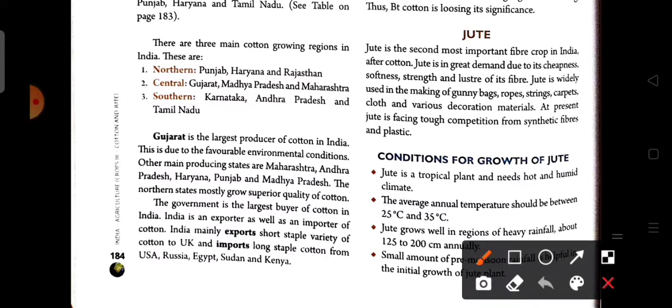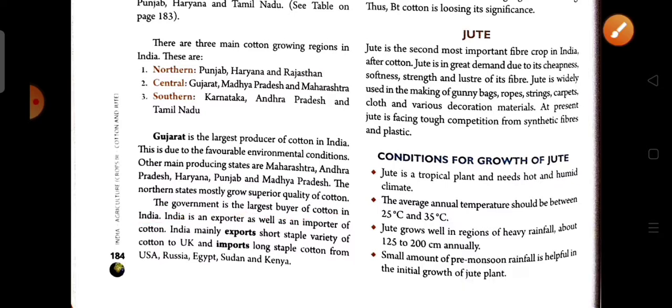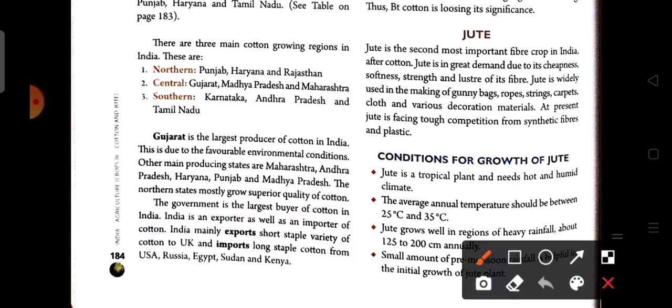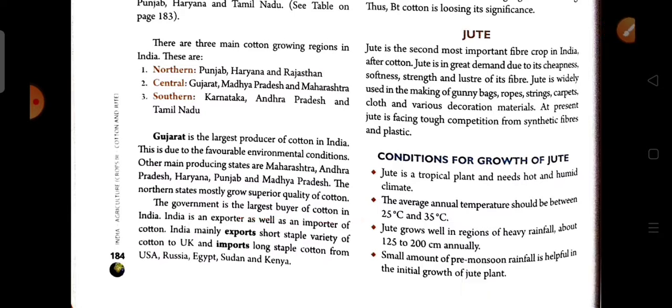Now the government is the largest buyer of cotton in India. Why is the government the largest buyer of cotton? Here we see that India is an exporter as well as an importer of cotton, which means India exports cotton goods to other countries and also imports cotton goods.